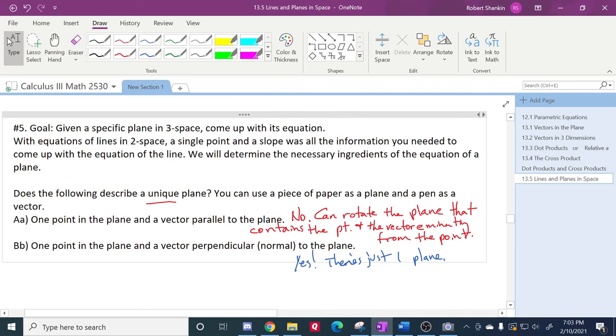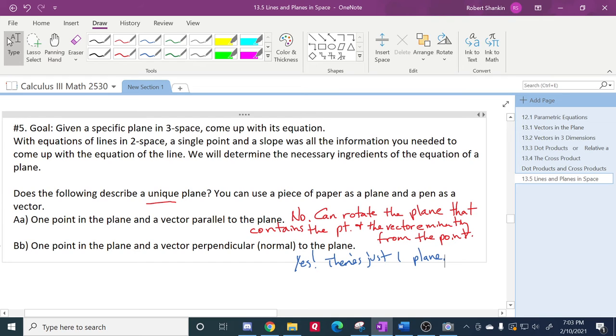Is there a unique plane that this describes? This one doesn't describe a unique plane. This one does describe a unique plane. Let's review the conditions that describe a unique plane. It's very similar to a single point and a slope being all you need to come up with the equation of a line in 2 space.